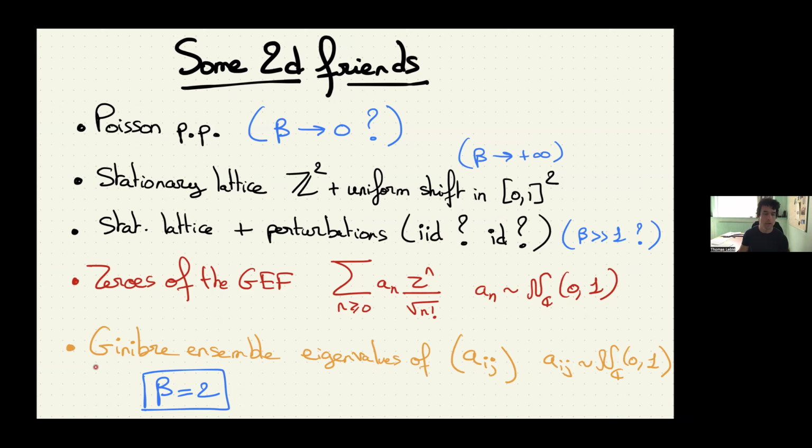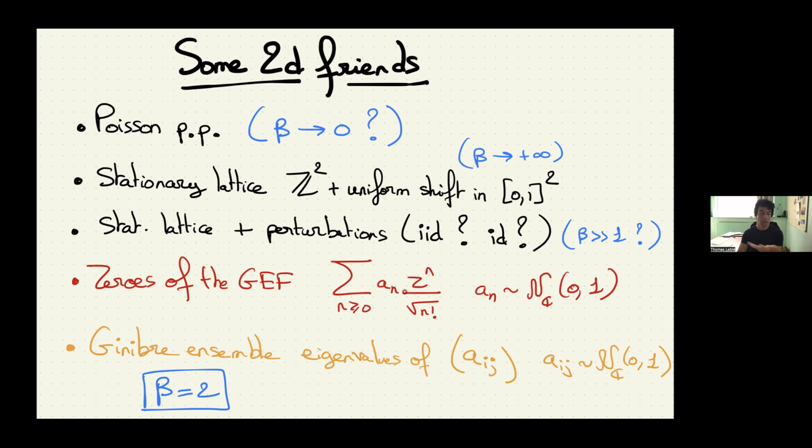And then there are two actual models which are closely related to the 2D OCP. One, which some of you might know, is called the zeros of the Gaussian entire function. What is the Gaussian entire function? You take a bunch of IID complex Gaussian coefficients, and then you form this power series. It's not hard to see that it converges almost surely, so it has an infinite radius of convergence.